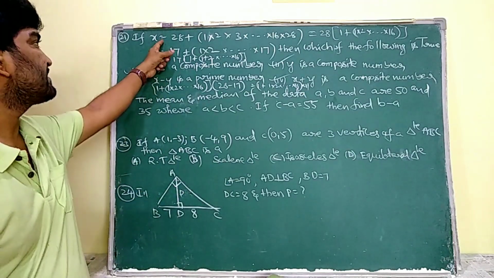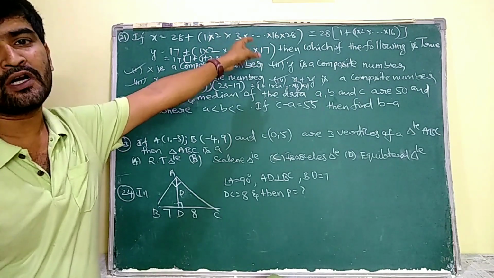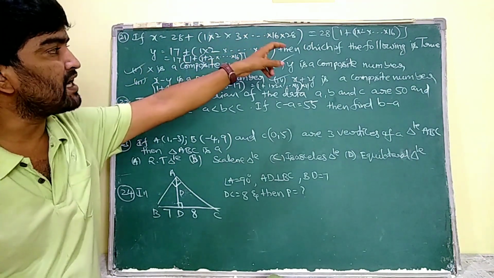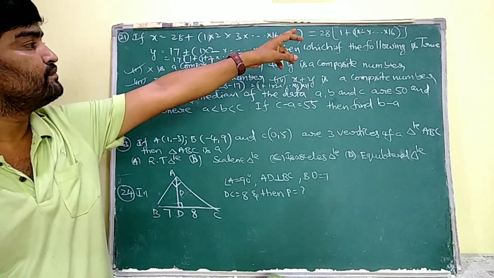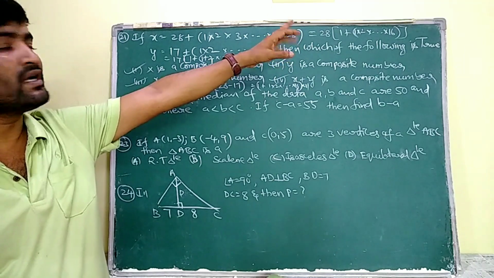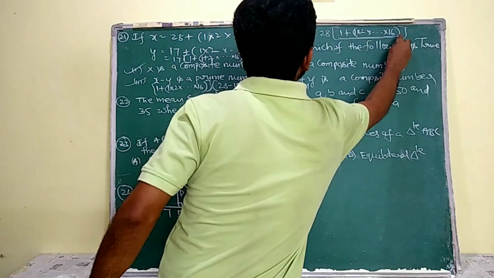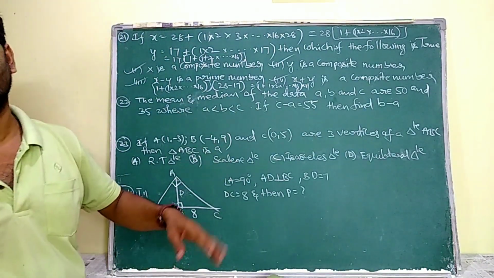Here x is equal to 28 plus 1 into 2 into 3 into so on into 16 into 28. If I take out 28 as common, then 28 into (1 plus 2 into 3 into so on 16). So this entire value is a number, we know that. 28 into that value, besides that we may write 1.